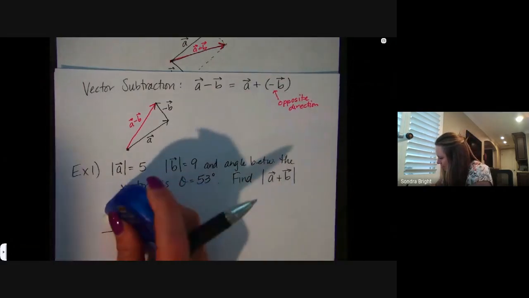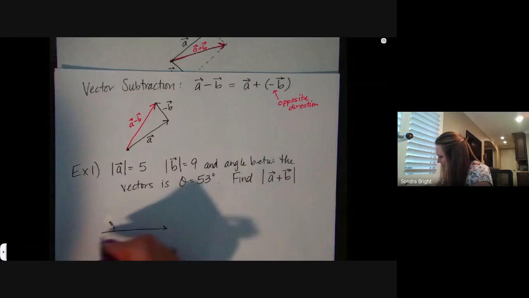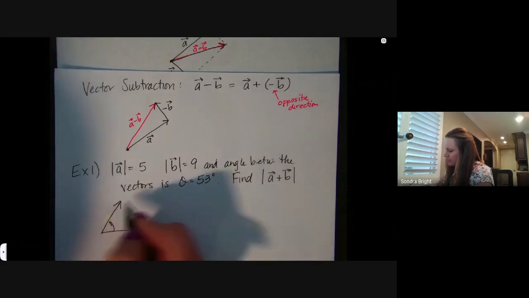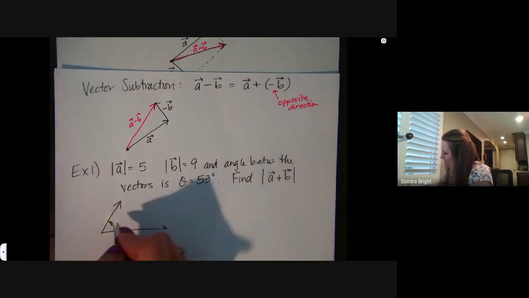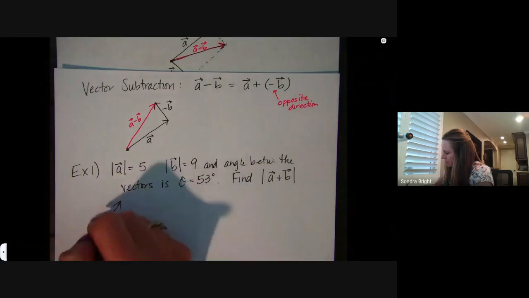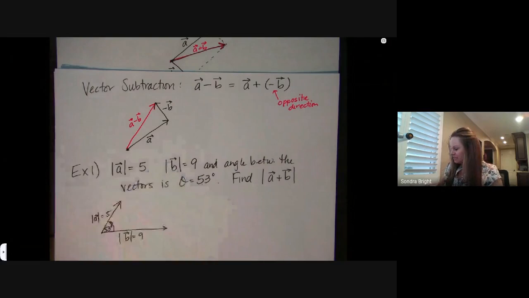Then I would draw vector A, which is about half the length. This is vector B, which is 9, and vector A's magnitude is 5. The angle between them is 53 degrees.